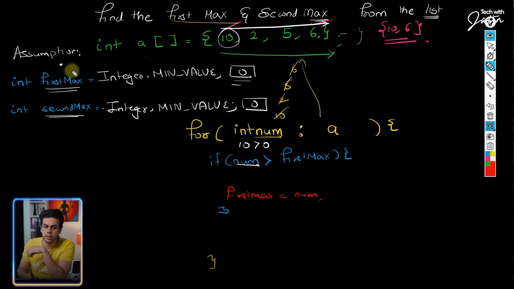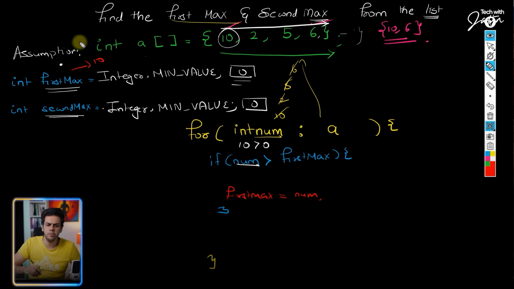So the first max will technically store 10. Hold on. You see, I have left some space over here. The reason for that is, whatever was there in the first max is less than number, so I'm going to update first max with number.